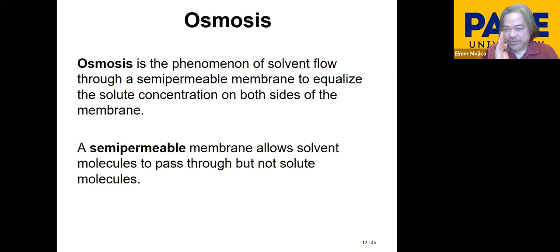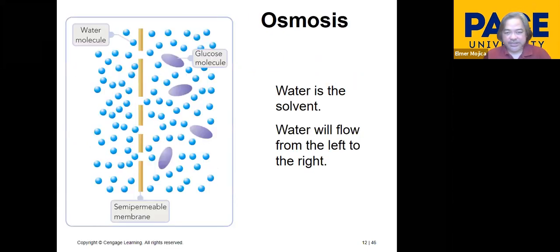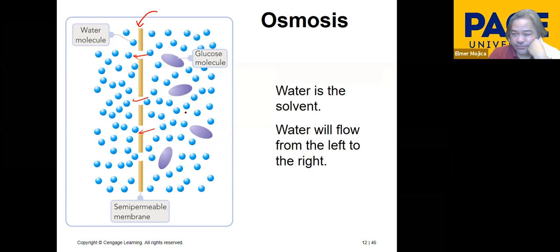So there should be a semi-permeable membrane. The semi-permeable membrane allows the passage of the solvent molecules, but blocks the passage of the solute molecules. This is how the semi-permeable membrane looks like. It will only allow the solvent to pass, but not the solute.